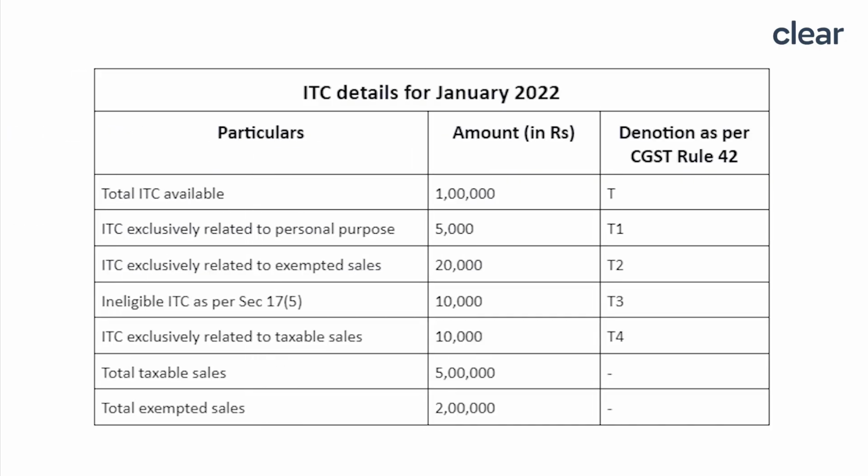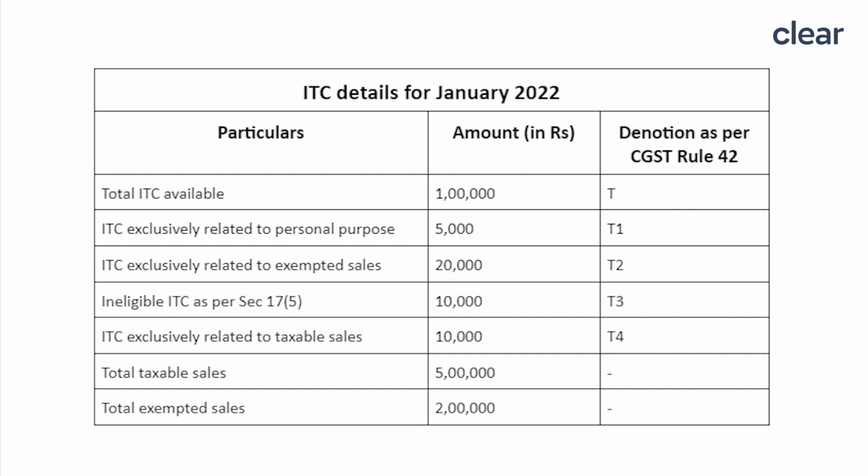Now let's see how to apportion common credits under the CGST Rule 42 with the help of an example. The total ITC available for the month is Rs 1 lakh and it is denoted as T in CGST Rule 42. ITC exclusively related to the personal purpose for the month is Rs 5,000 and it is denoted as T1 in CGST Rule 42.